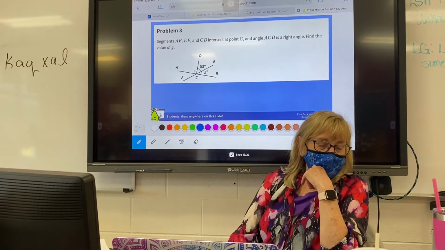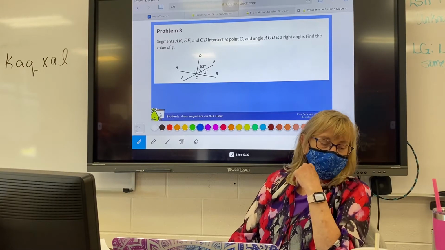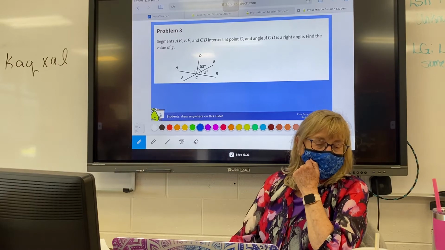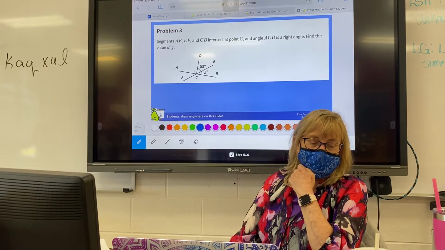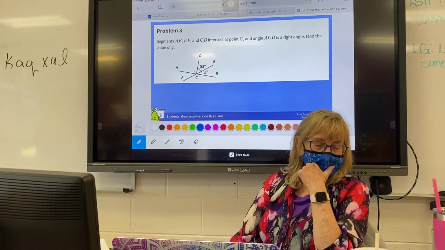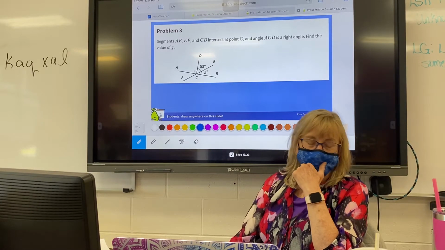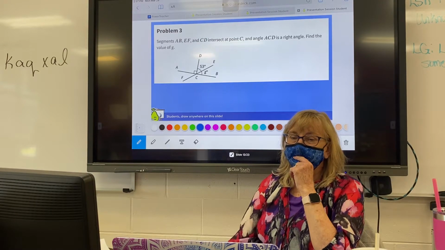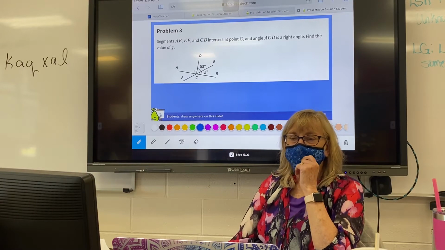All right. Segments AB, EF, CD intersect at point C, and angle ACD is a right angle. Find the value of G. I think I know how to do this one.